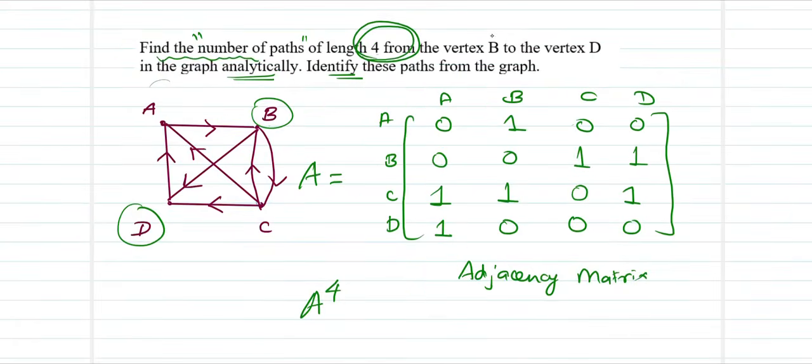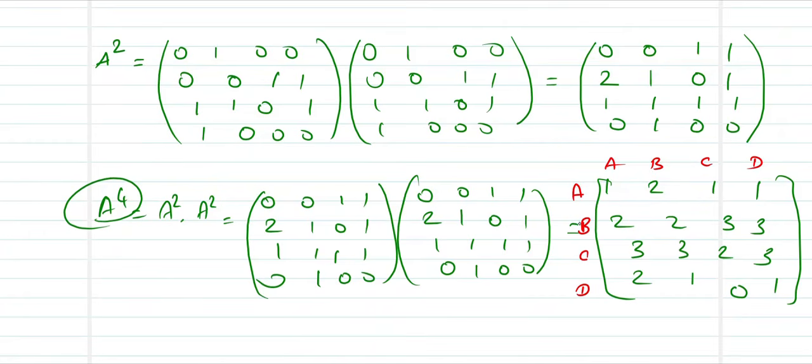From where to where do I need to move? From vertex B to vertex D. So you start from vertex B and you need to move to vertex D. Vertex B to D. Now see, what is the number present over here? 3.